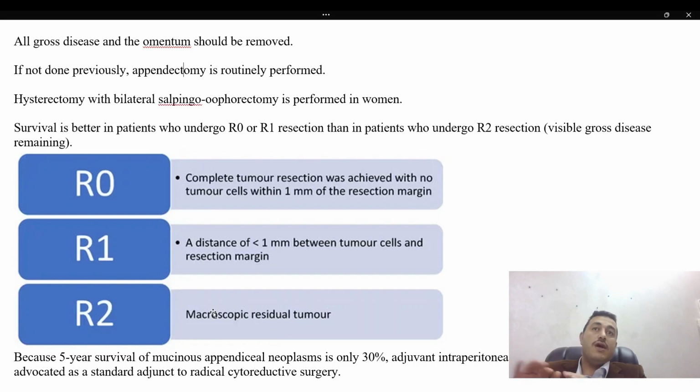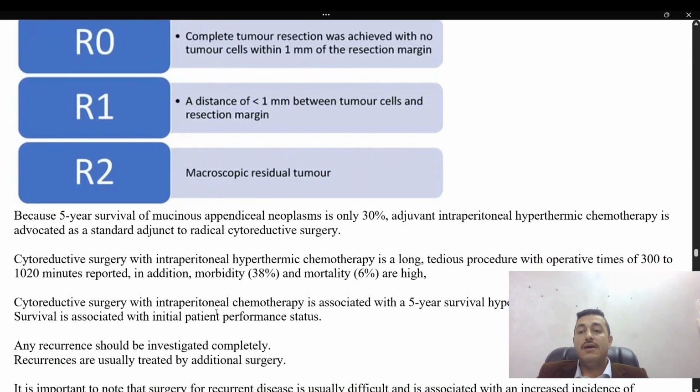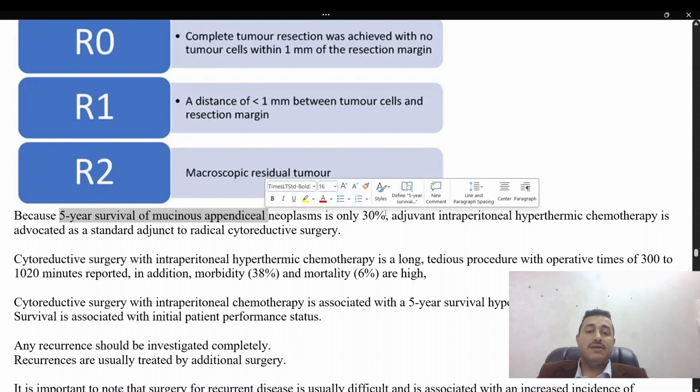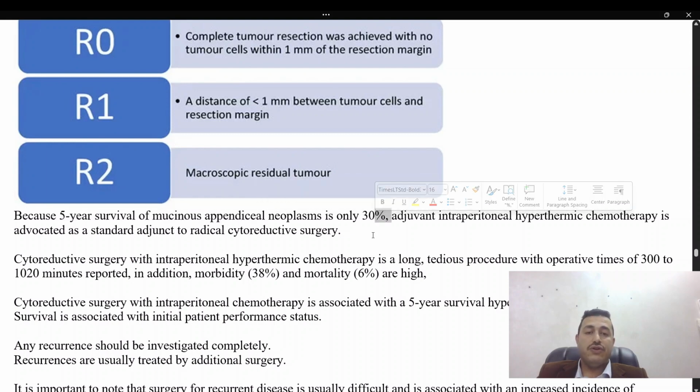So R0, even microscopic deposits are removed, the survival will be better. So the more aggressive the resection histologically, the better the prognosis. 5-year survival, you can see it's very low. 5-year survival for mucinous appendiceal neoplasm is 30 patients.